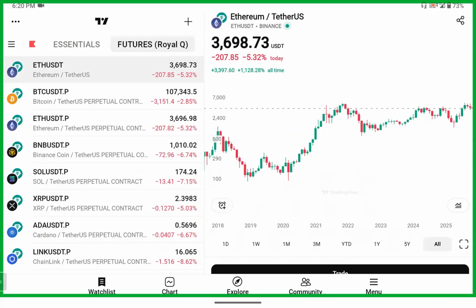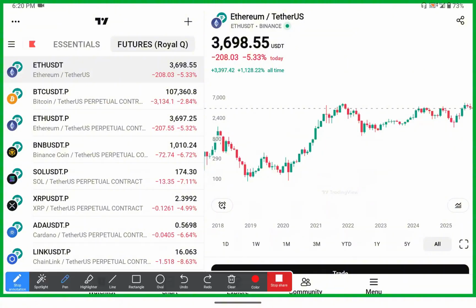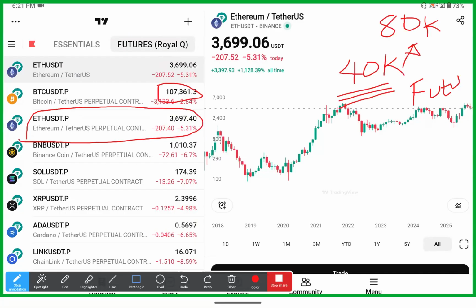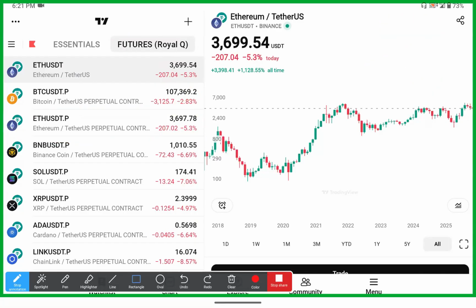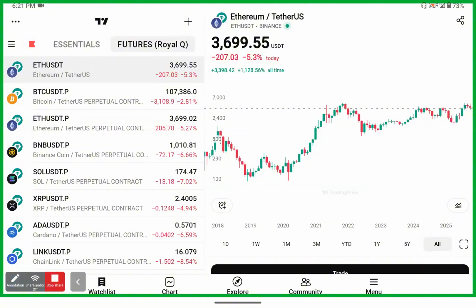You can see very well that the price of Ethereum is not so much different from the upper one. This is perpetual and this is just spot. There is always a difference, but it is not always so huge and so large.